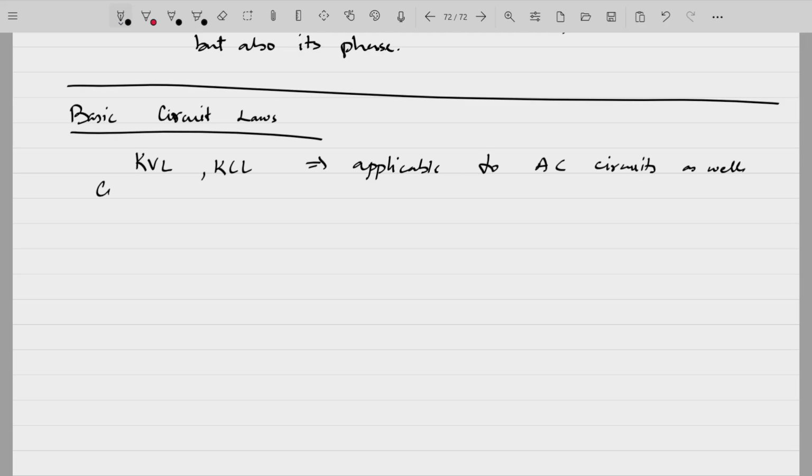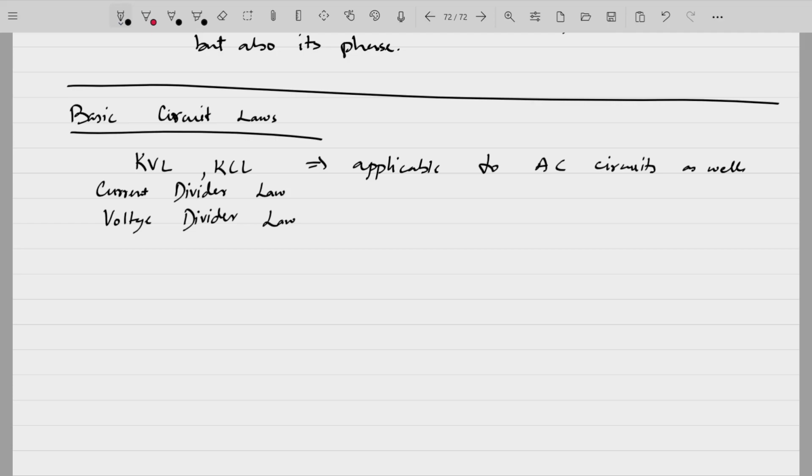We had discussed the current divider law, the voltage divider law. These are applicable to AC circuits as well.